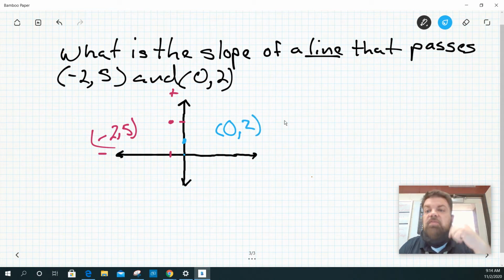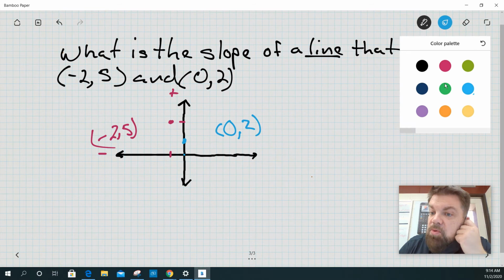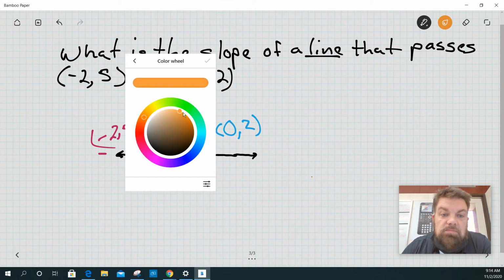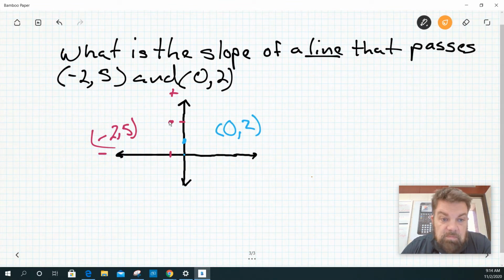Now, if I wanted to find the slope and I graph these 2 points, it's not that hard to find the slope. I simply figure out my rise over run. So vertically, I'm going to go down 1, 2, 3. So since I'm going down, that's the negative direction. So that's -3. That's what I went down. Okay.